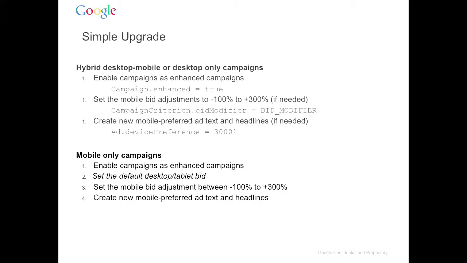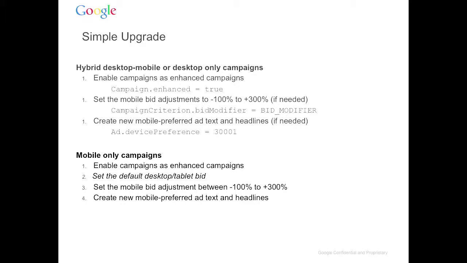You set the campaign to enhanced. You set a bid modifier value if you want, and then you add any mobile preferred ads to that campaign. That's pretty much all you need to do to upgrade a campaign that is either a hybrid that currently targets desktop and mobile in the same campaign, or just desktop. If that's the case, you can safely follow this three-step, not 1-1-1, but 1-2-3, to upgrade it.